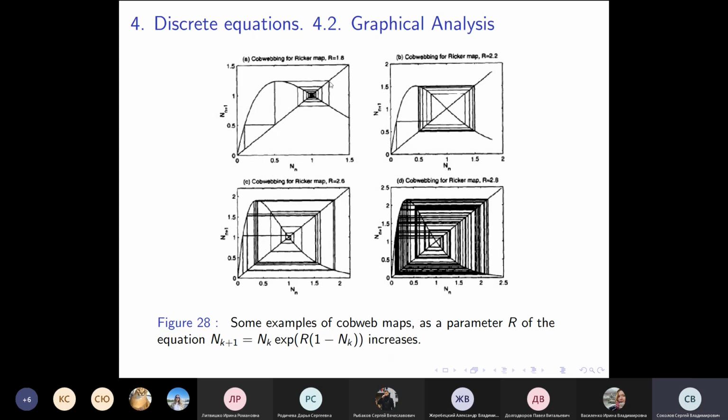Now it goes down, not up, it goes down here. Then we draw a horizontal line to our line. And so this is our point n4. And when we continue this process, we get n0, n1, n2, n3, n4, n5, n6, n7, and so on.